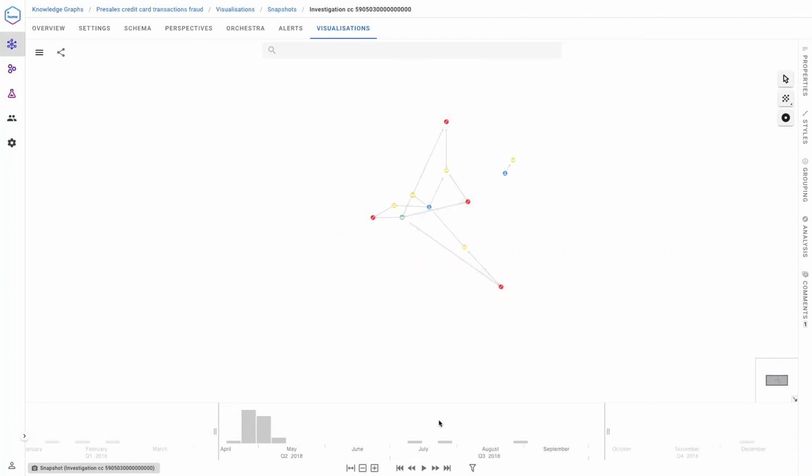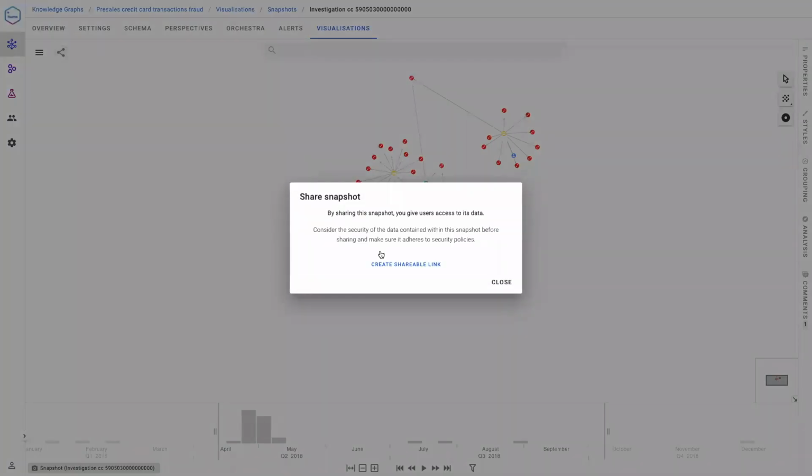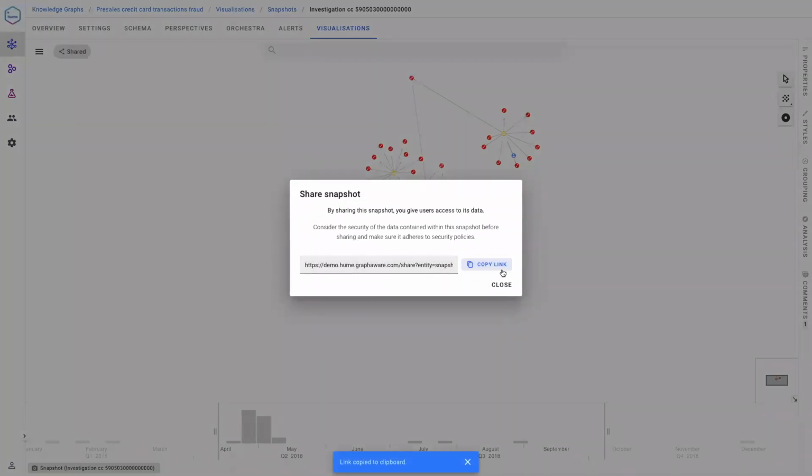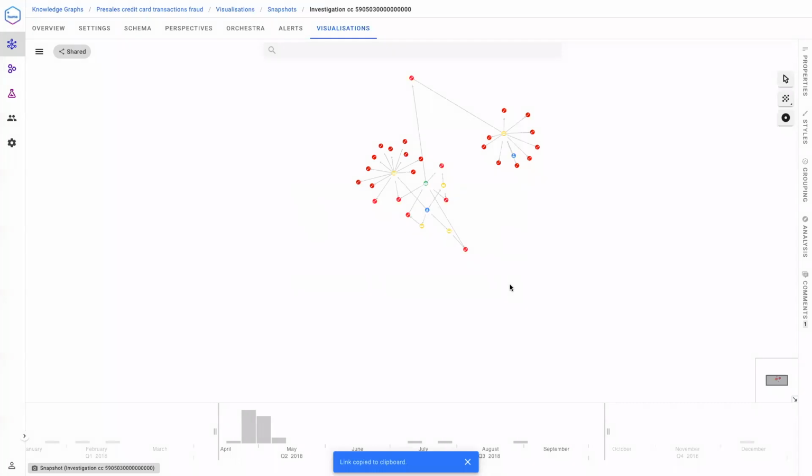Okay, so here we go. And from here I share it. And I can send that to my colleagues who then log into Hume and can take it from there.